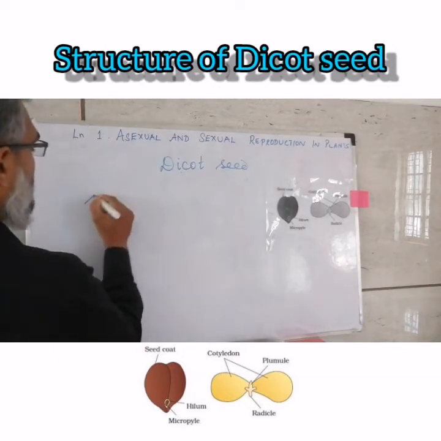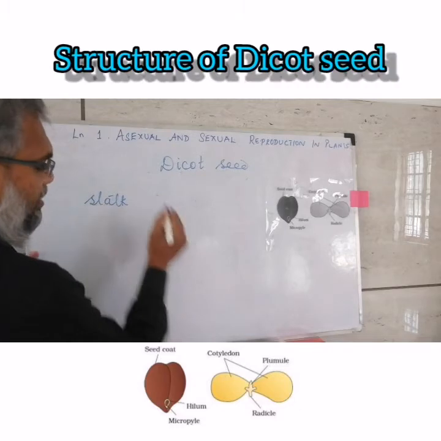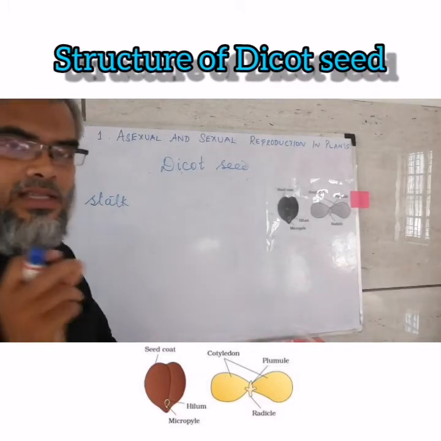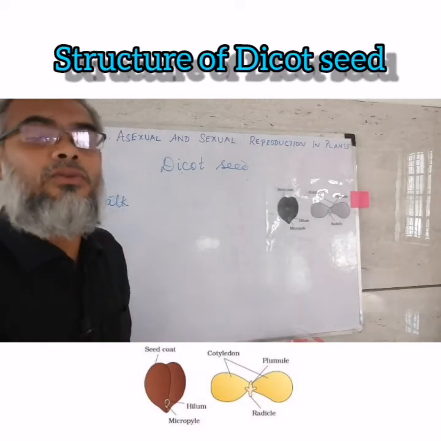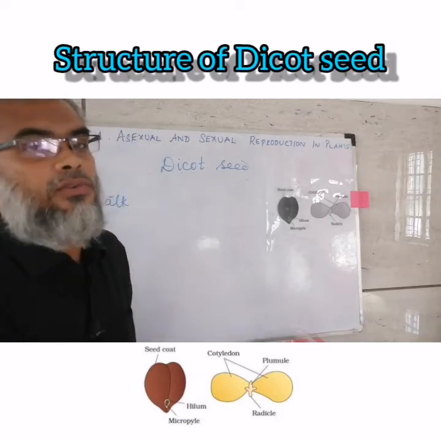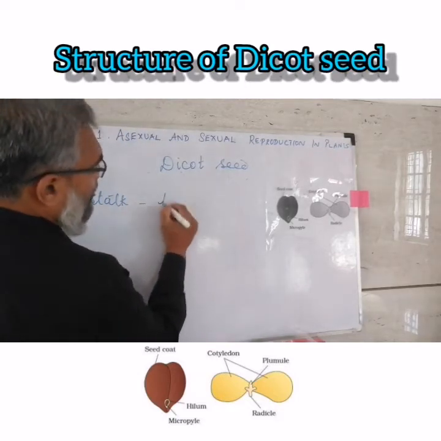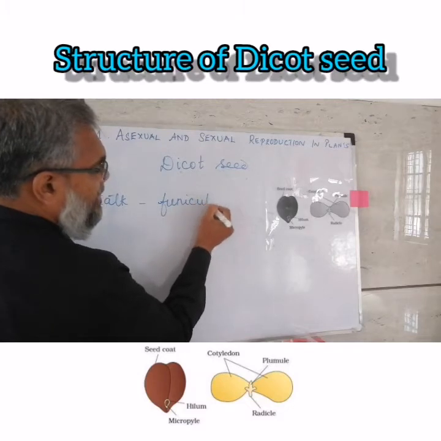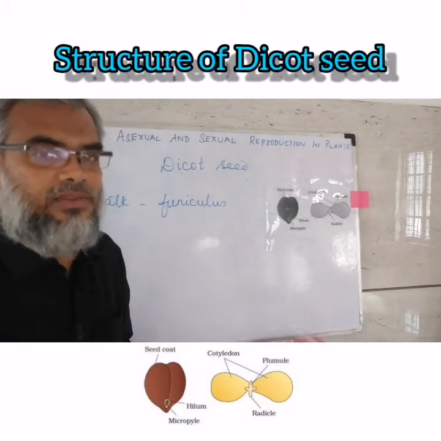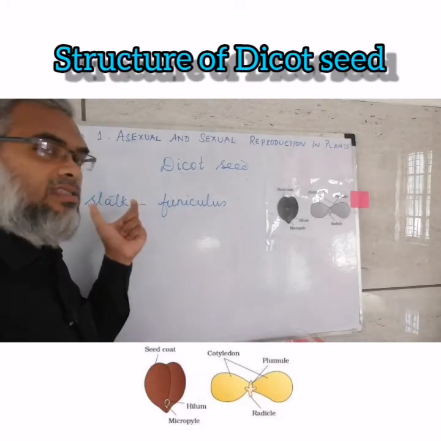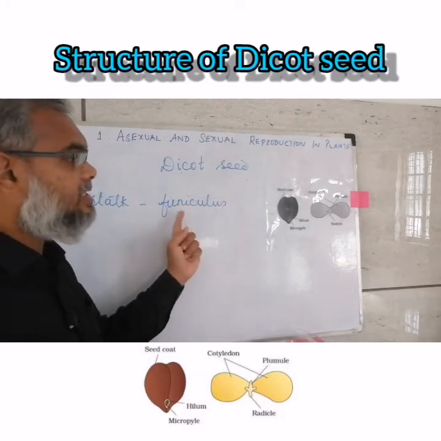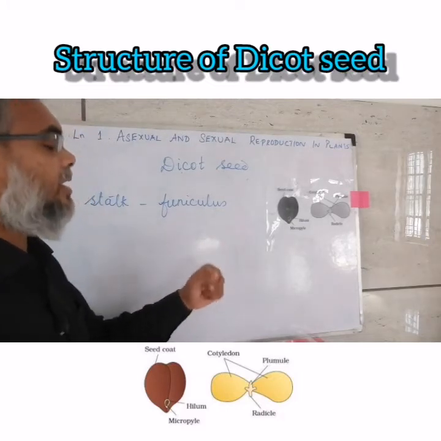The first one is the stalk of the seed. Seeds are attached to the fruit wall by a stalk called funiculus. As we discussed the same in LS of ovule structure, we discussed funiculus. Point number 1.